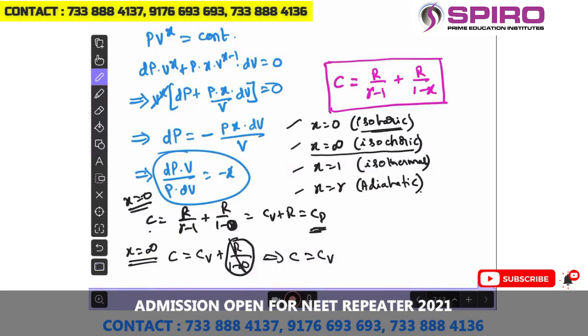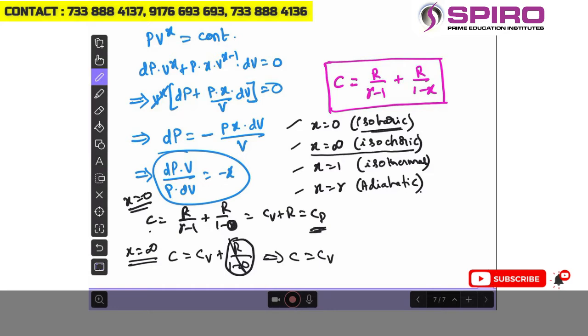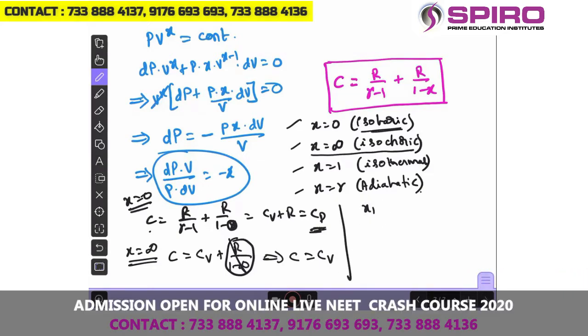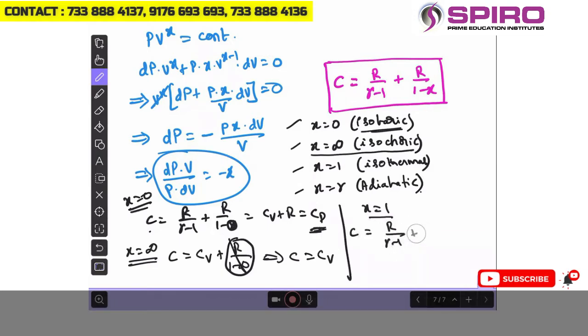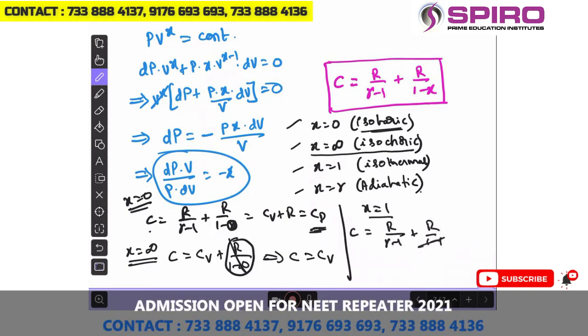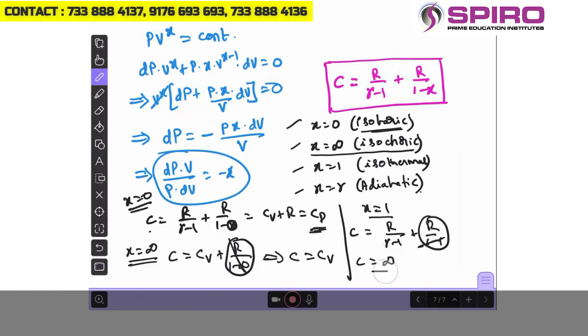And x equal to 1 is for isothermal process, whose specific heat is R by gamma minus 1 plus R by 1 minus 1. What is 1 minus 1? 0. The denominator being 0 means this entire term becomes infinity. So C is equal to something plus infinity, which is infinity, for isothermal process, right?